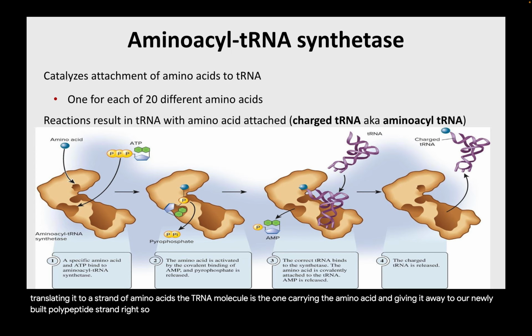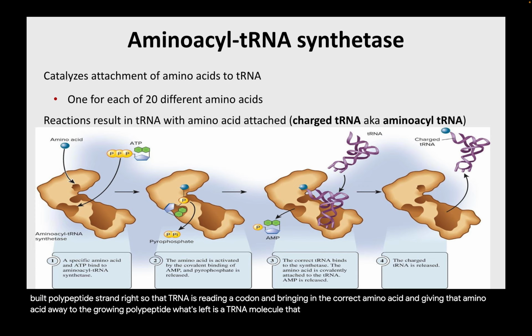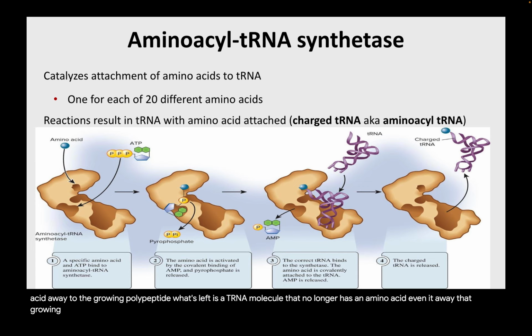Right, so if that tRNA is reading a codon and bringing in the correct amino acid and giving that amino acid away to the growing polypeptide, what's left is a tRNA molecule that no longer has an amino acid, right? It's giving it away to that growing protein.